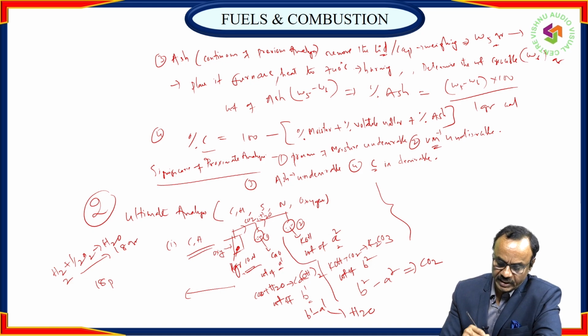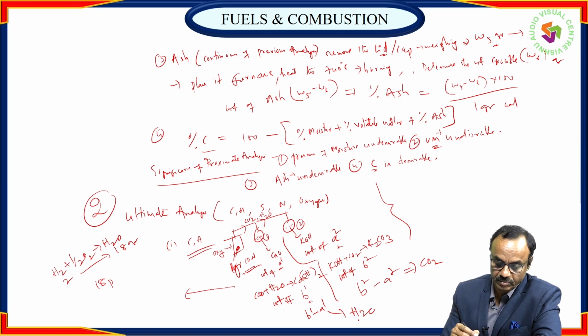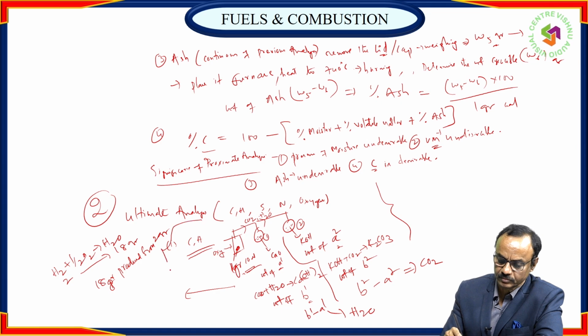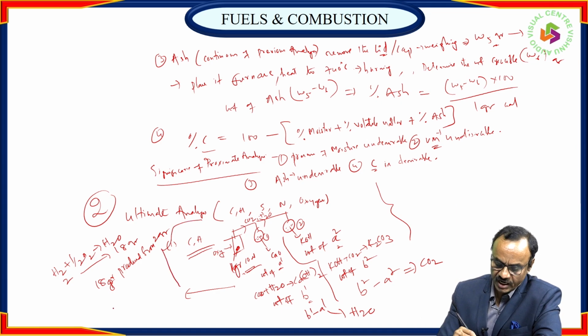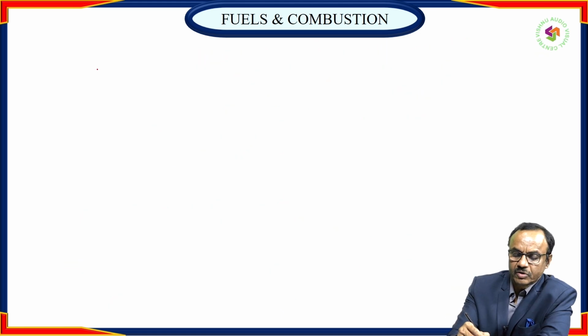So write it in the reverse direction so that you understand which one is known, H2 or H2O. Here, after analysis, you know the H2O only, not the H2. Because of that you need to write it in reverse: 18 grams produced from 2 grams. So the analyzed amount is B1 minus A1.